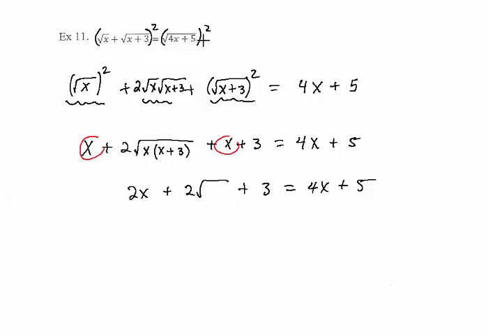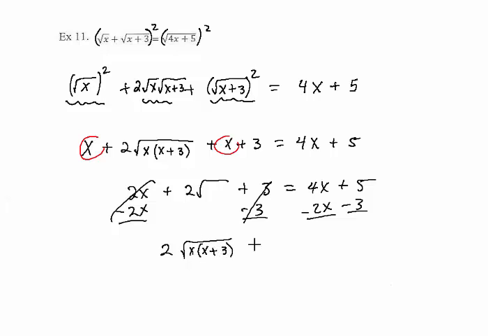So we started with 3 radicals, we squared both sides, and now we're only down to 1. We move the 2x and the 3 away from the radical, so we have to subtract them from both sides. On the left, we're left with 2 times the square root of x times x plus 3. On the right, we have a 2x plus 2.